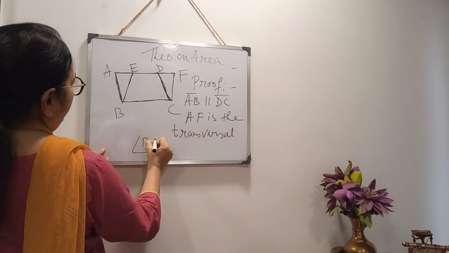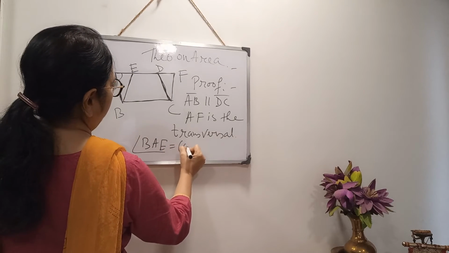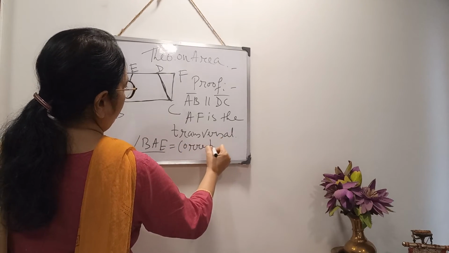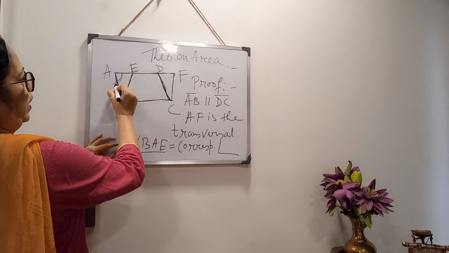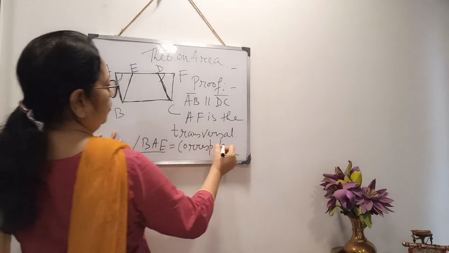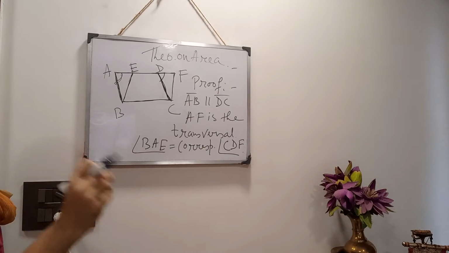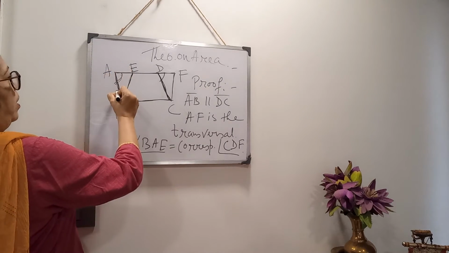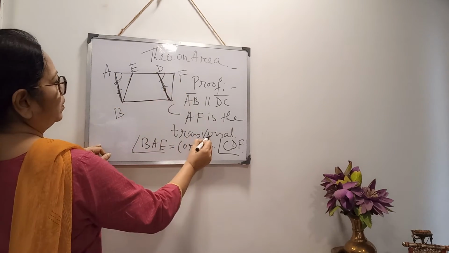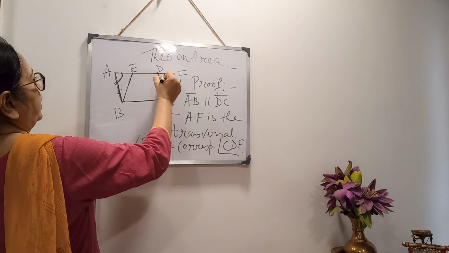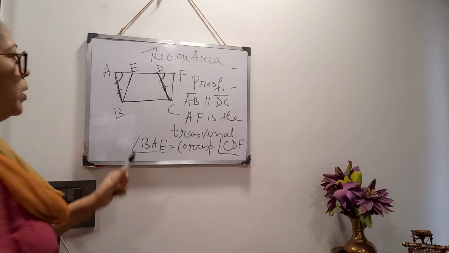Angle BAE equals the corresponding angle CDF. BAE equals CDF. Clear? So my first point is that AB is parallel to DC and AF is the transversal, so these two corresponding angles are equal. Clear? Now next part.